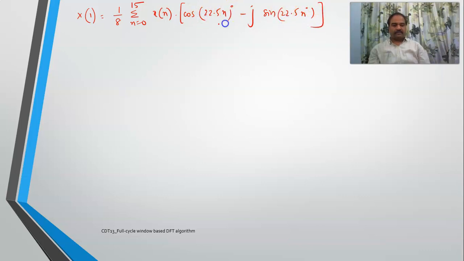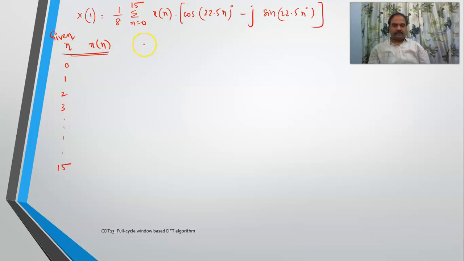This was our expression. Now we try to solve this one. It's better if we go with a table type of thing. Say the n value varies from 0, 1, 2, 3, like this up to 15, right? And x of n, this is also the data which will be given to you. So these two are your given data.